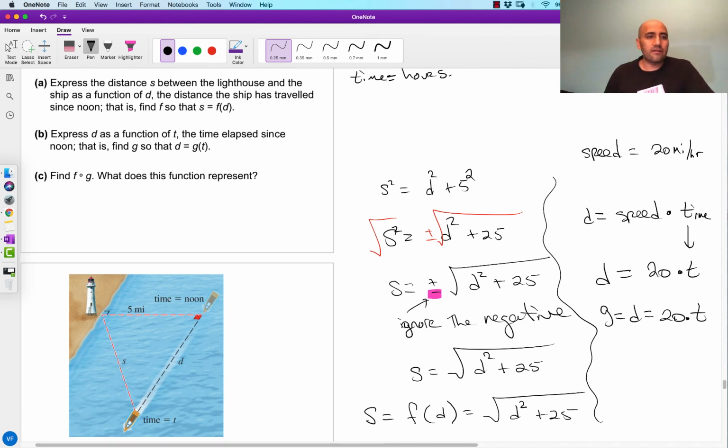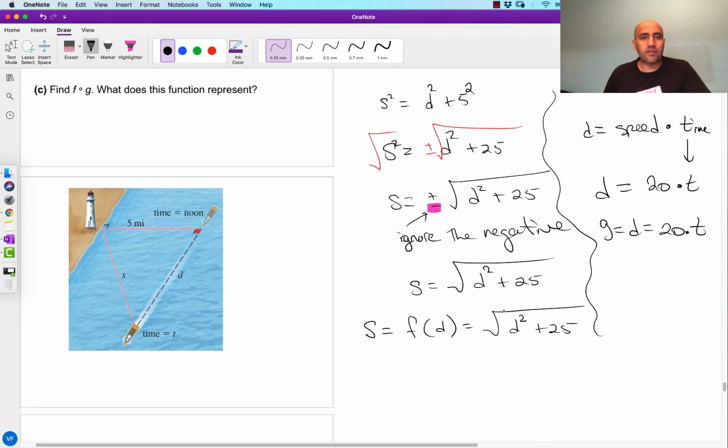And finally, find c, which is f composed with g, and express what that represents. So part C is that f composed with g is going to be equal to f evaluated at g of t.